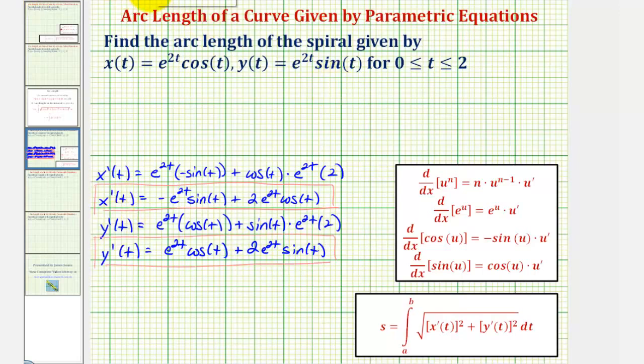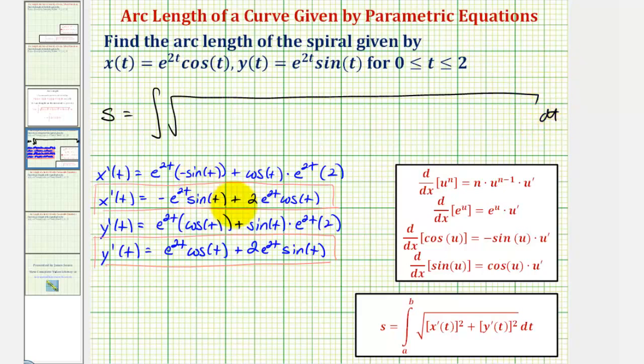And now we can set up the integral to determine the arc length. The arc length s is equal to the integral of the square root of, again, x prime of t squared. So we'd have negative e to the 2t sine t plus 2 e to the 2t cosine t.